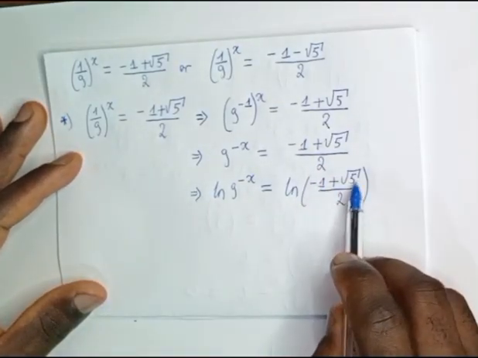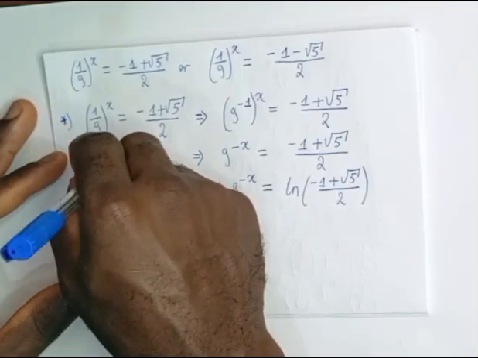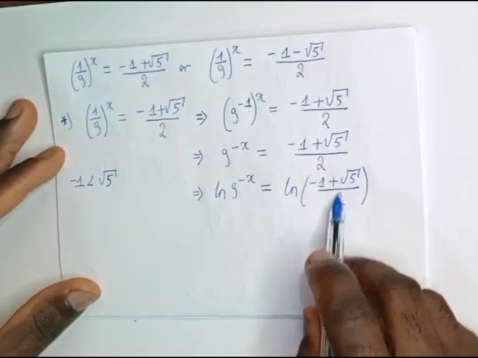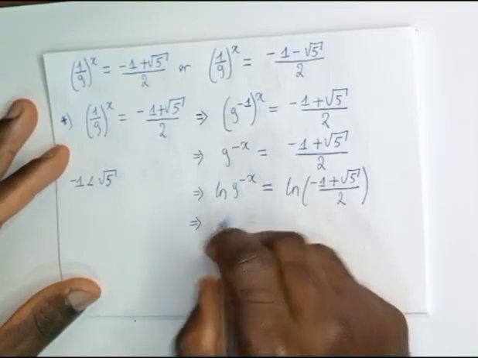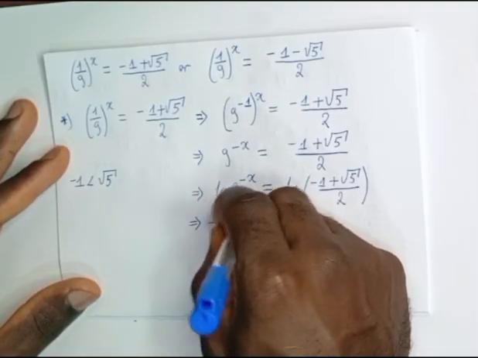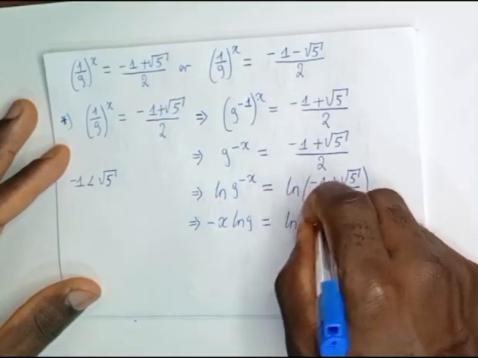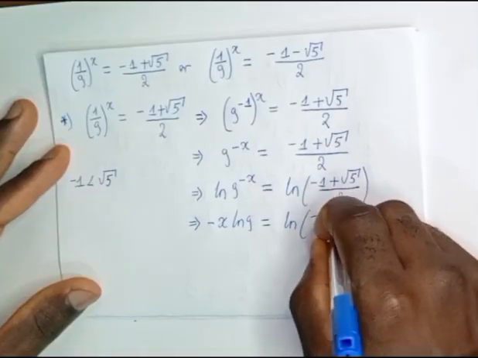It is possible for us to get this ln since negative 1 is less than the square root of 5. That means this number is a positive number, so the ln is possible. Applying the law of power, this will give us negative x ln 9 is equal to the ln of negative 1 plus root 5 all over 2.